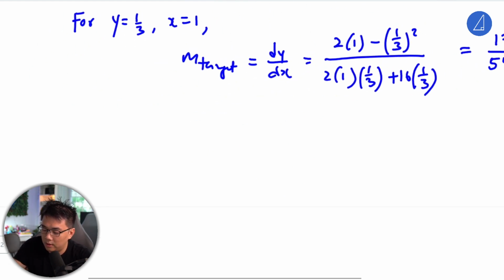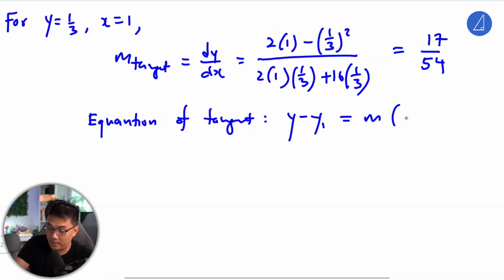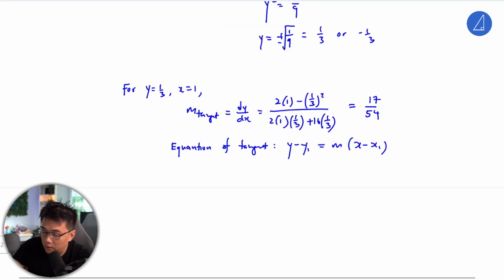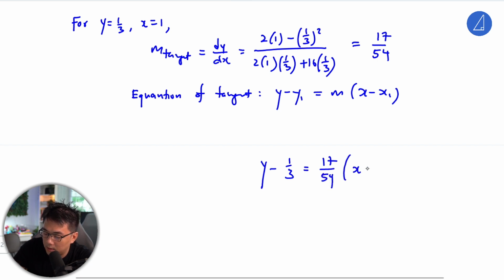So the equation of tangent here, I'm just going to use y minus y1 equals m(x minus x1). Just a simple equation of line. Then from here, y minus 1/3 equals 17 over 54 (x minus 1).